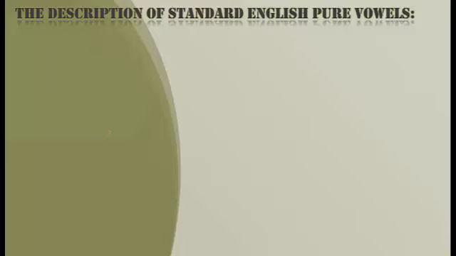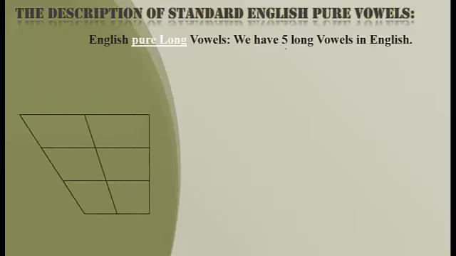First, we start with the long vowels, and we have 5 of those in English. But before we do that, look at the left of the screen and you can see the quadrilateral figure that we said that we will use for the purpose of drawing the vowels of English. Horizontally speaking, this point here refers to the front part of the mouth, and this one here refers to the central part, and the last one refers to the back point.